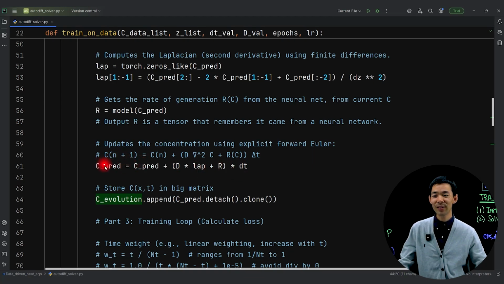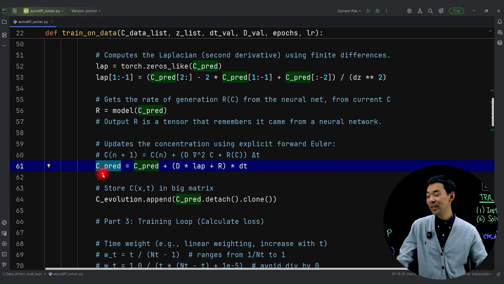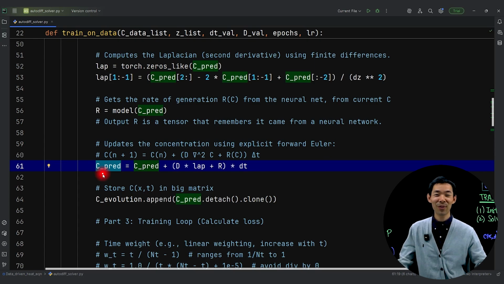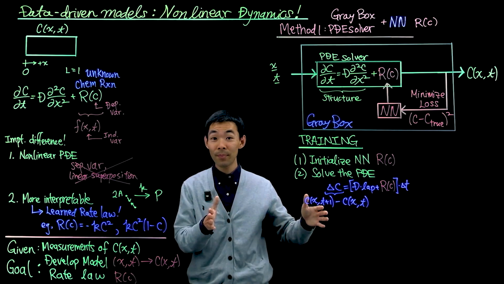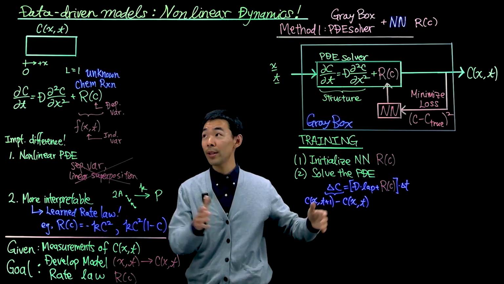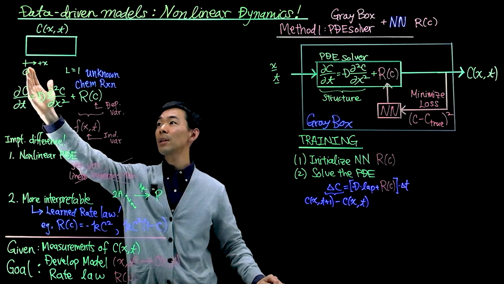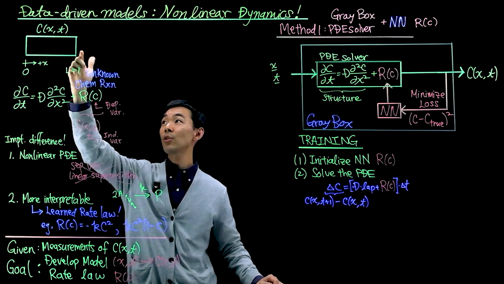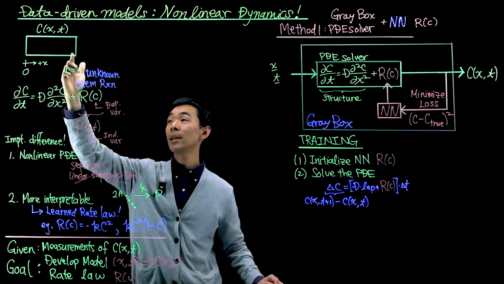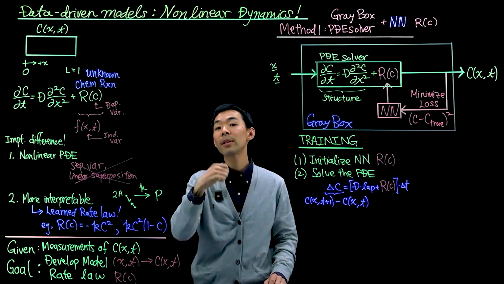And therefore, this new c prediction contains the next predicted chemical concentration profile. And just by the way, this contains all the spatial points. This is a vector of all the spatial points from position x equal to 0 all the way to L equal to 1. So you have all the spatial discretization in x, and we are solving this over time.